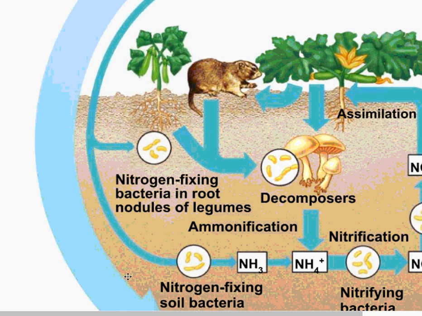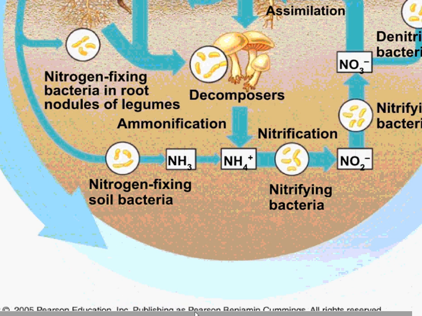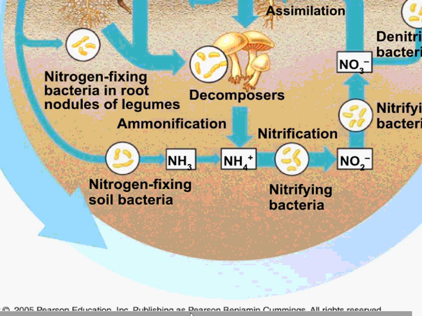And so nitrogen-fixing bacteria will take that nitrogen and convert it into a chemical that can be used. And that chemical is ammonium. And that ammonium is a chemical that can be used by other organisms. Ammonium can be absorbed by plants. Plants can use that to make DNA, can use that to make amino acids and proteins.